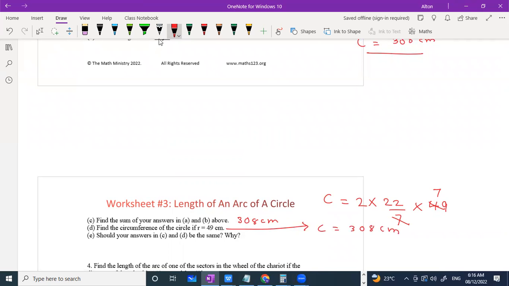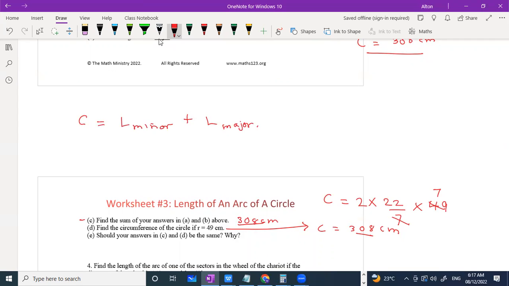And we just give an explanation to part E. Should your answer in C, which is the 308, and the answer in D be the same? The answer is yes. Why is that so? Because the circumference is equal to the length of the minor arc plus the length of the major arc.